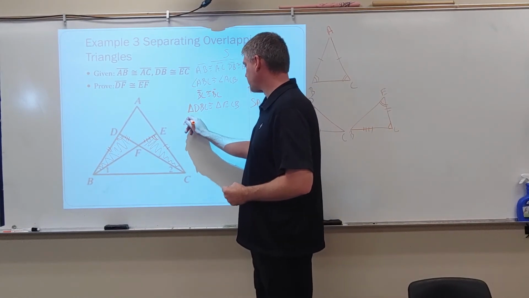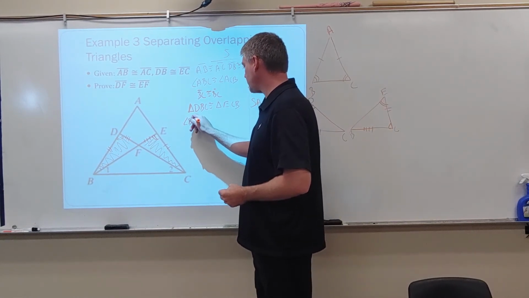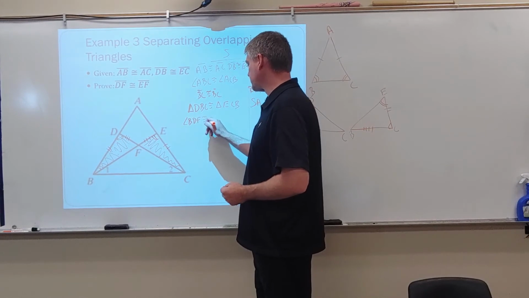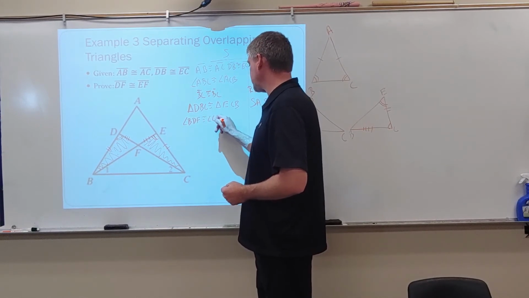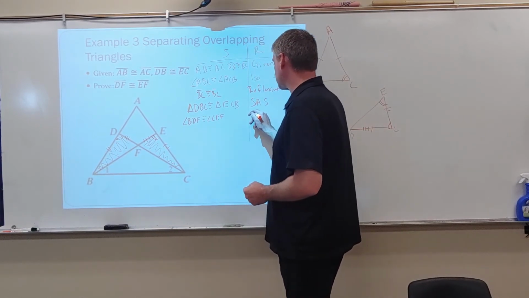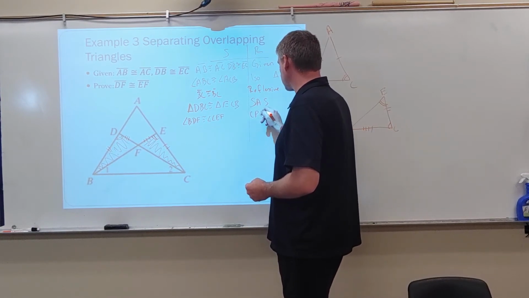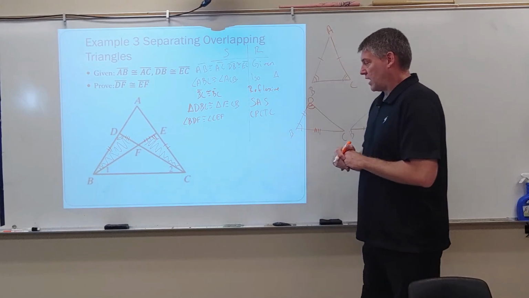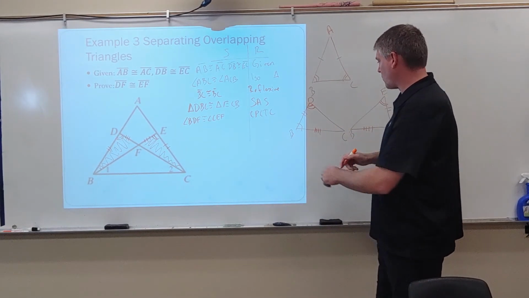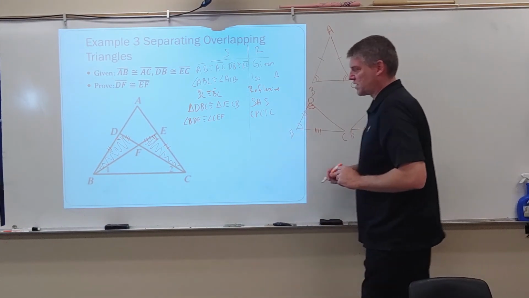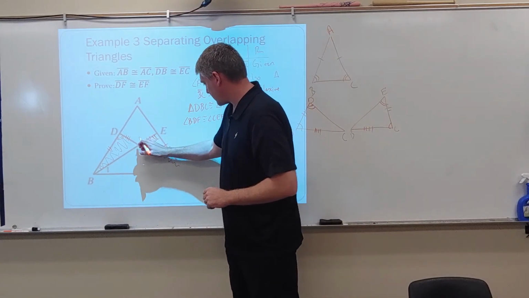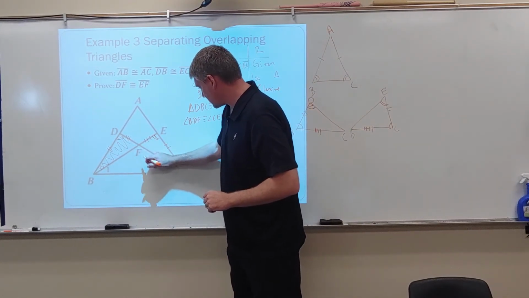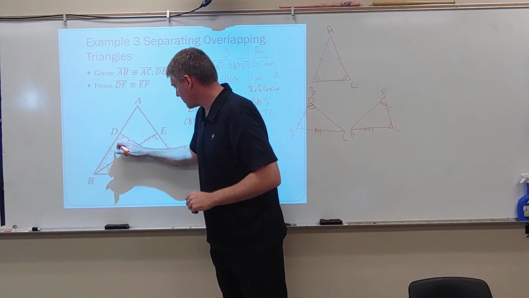So angle BDF is congruent to angle CEF because of corresponding parts of congruent triangles are congruent. Okay? So we have that. So now I have this, right? I'm going to erase this inner part so we can see.